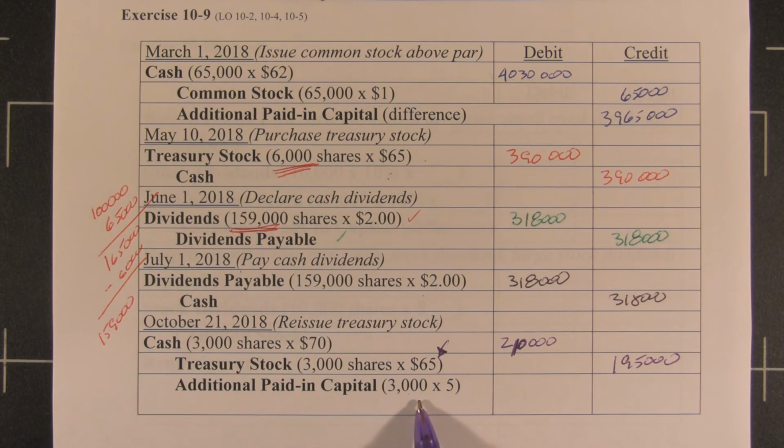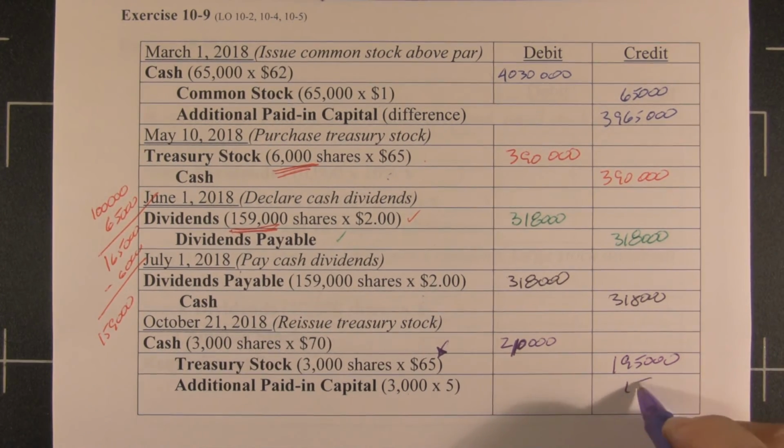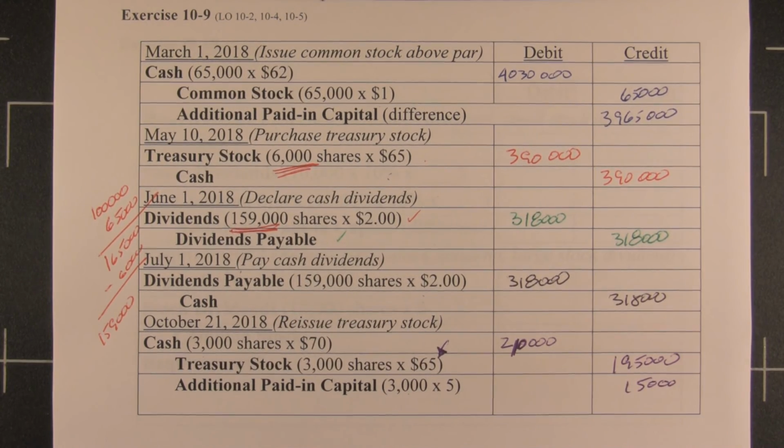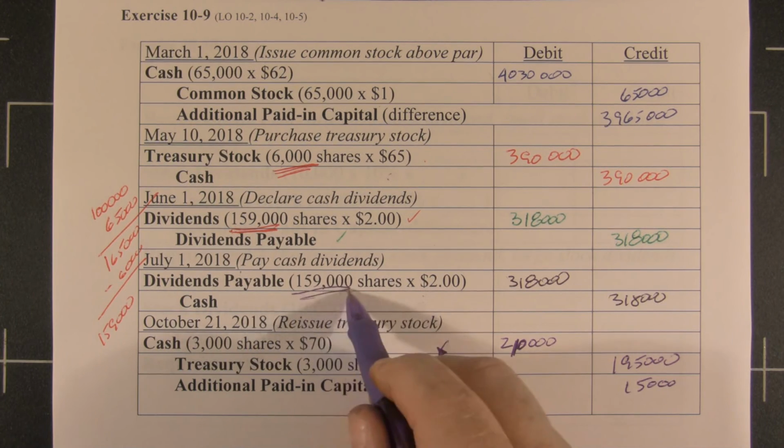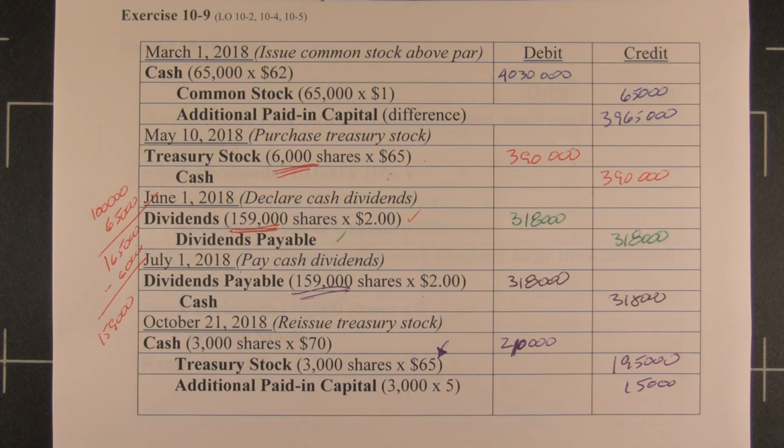And our additional paid-in capital from treasury stock is the difference, $15,000, or 5 times 3,000. Get the same number either way. The trick with that problem is you had to make sure that you reduce the number of shares that participated in the dividend by the number of shares that were held in treasury.